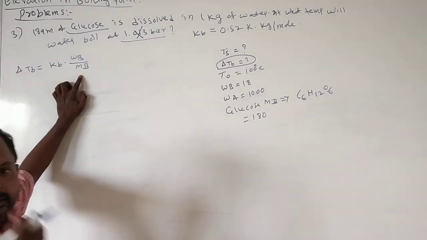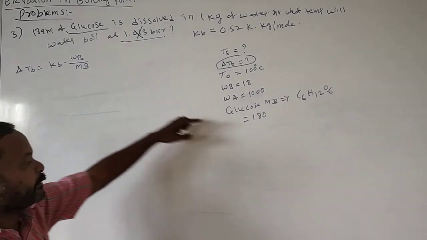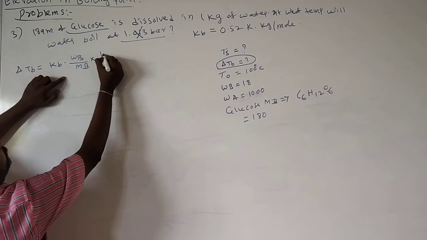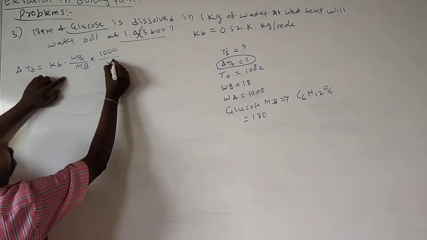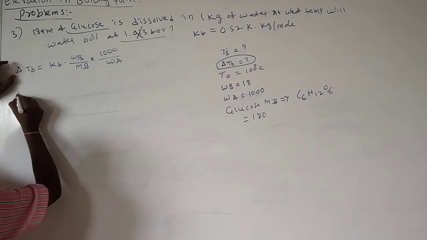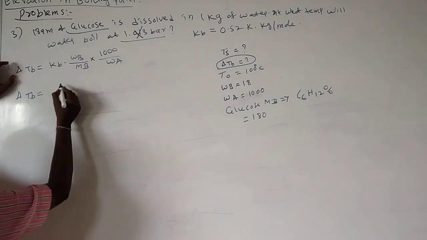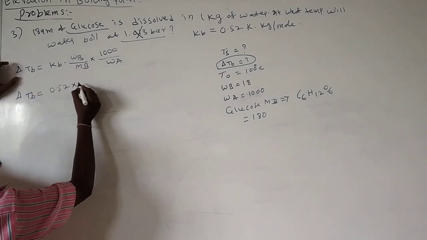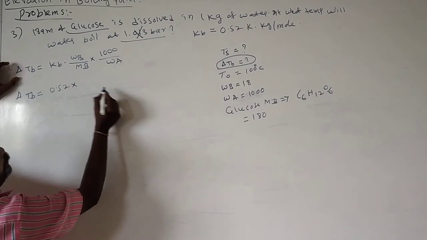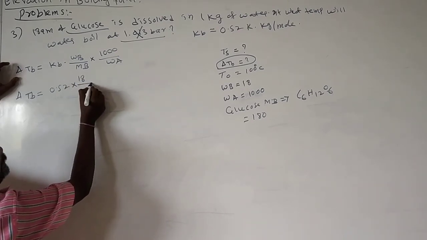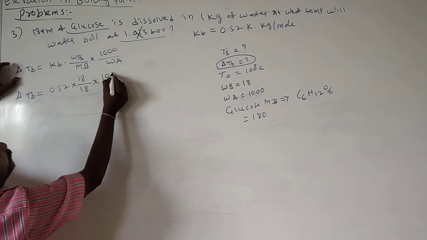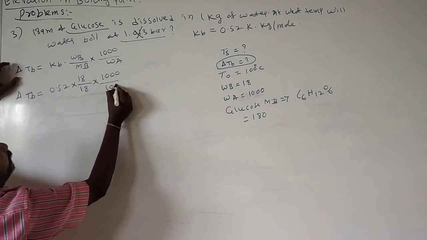Kb is 0.52 into Wb 18 by Mb 180 into 1000 by 1000.